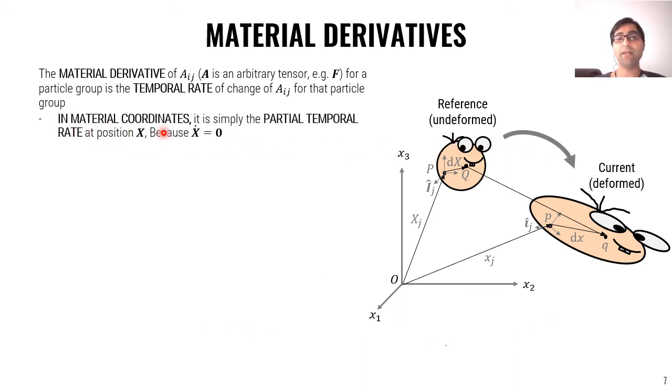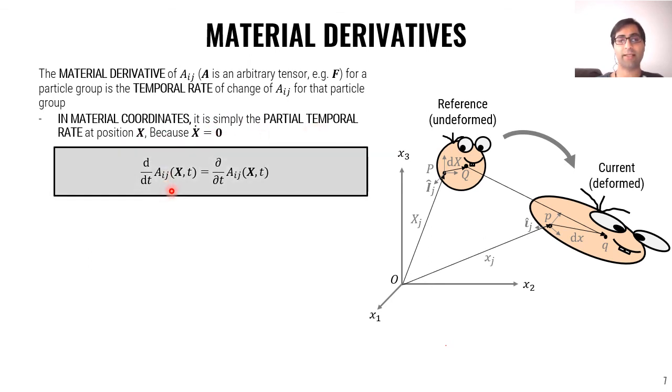So in material coordinates, it's simply partial temporal rate. So let's say the property A is described as a function of reference or undeformed state. So time derivative of A is basically partial A partial t.